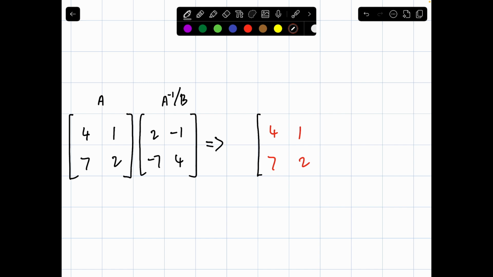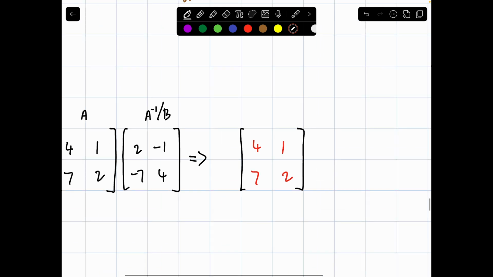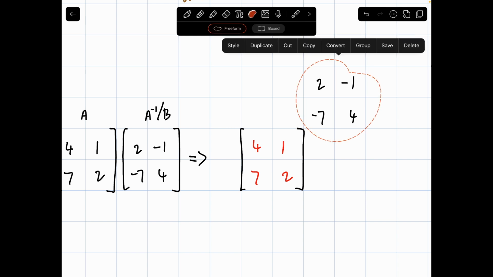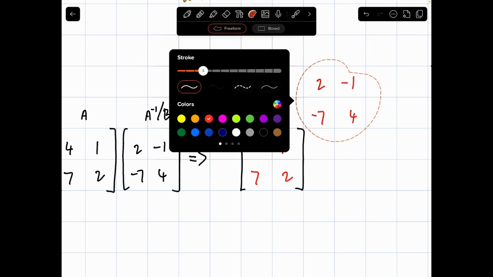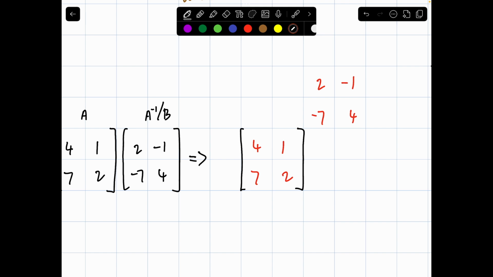Matrix A is 4, 1, 7, 2, and we multiply this with 2, -1, -7, 4. Fast forward, we have 4 times 2, 8. 1 times -7 is -7, so we will get 1.